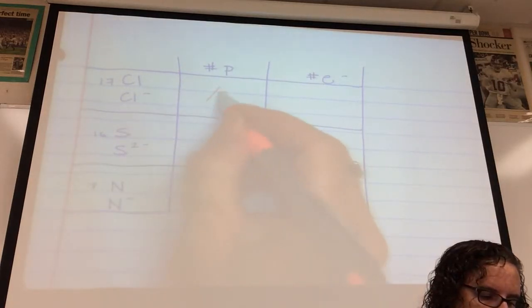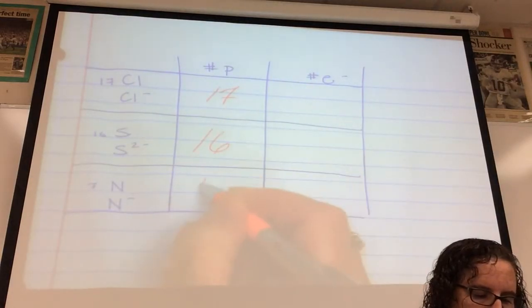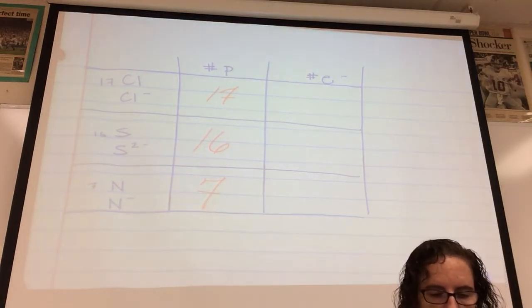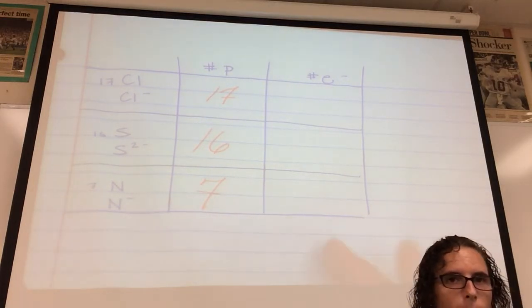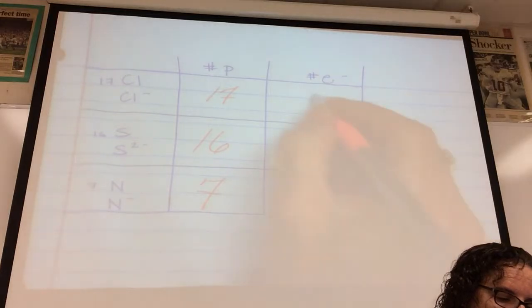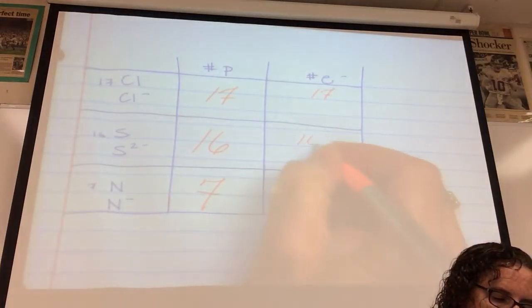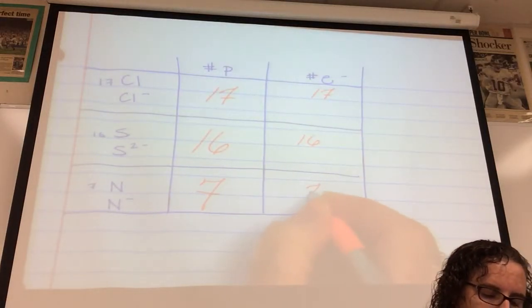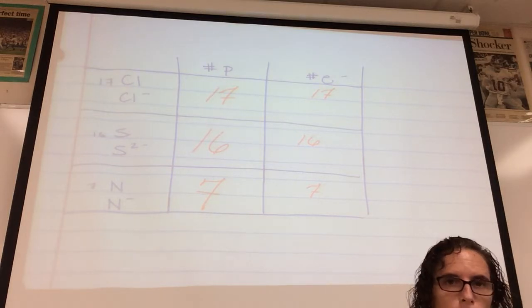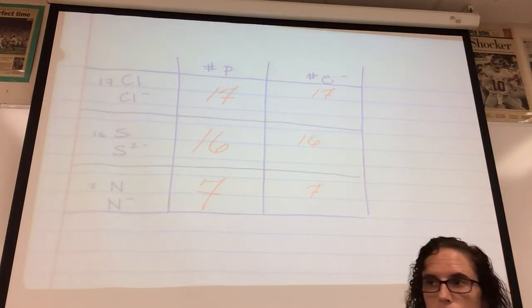Now if I did protons initially, it'd be very easy because this is always equal to the atomic number. Why are electrons for atoms the same as the protons? To balance out the electric charge.